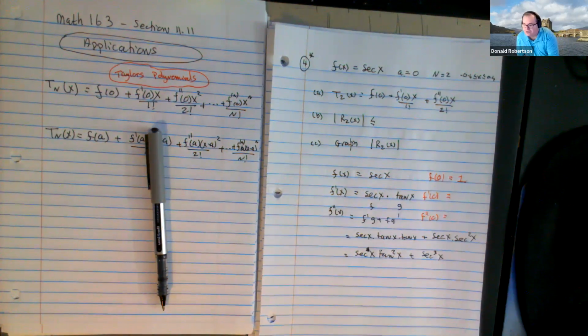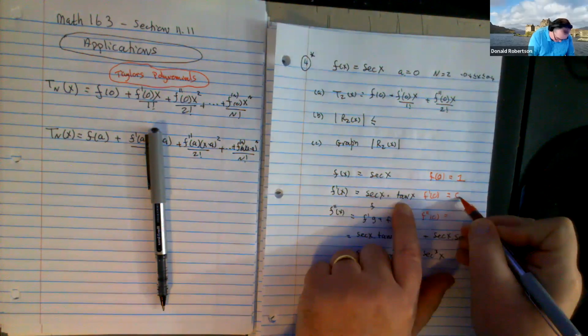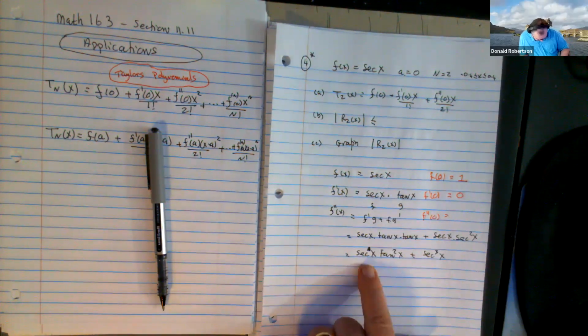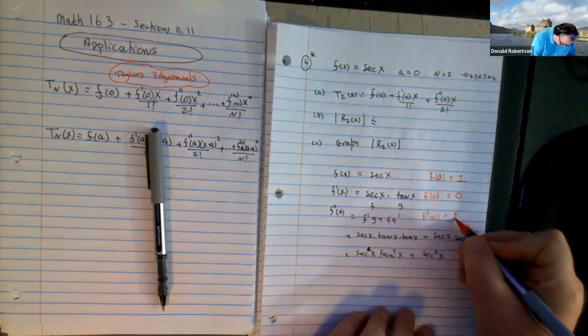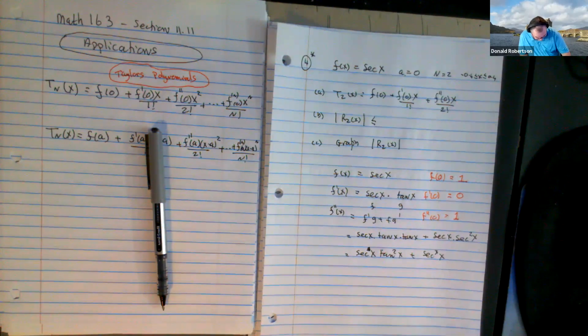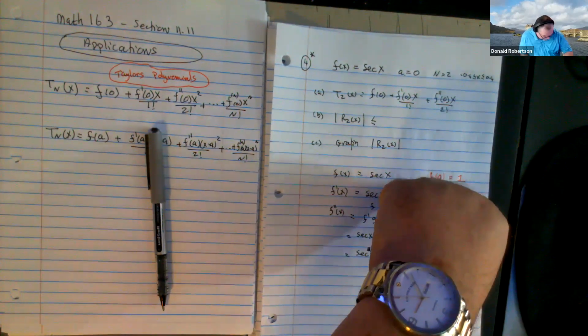What number is the tan of 0? Tan of 0. Just 0. Right. So won't secant times tan get you 0? Now the second derivative is 1 times nothing. So that's just nothing. Plus 1 cubed, which is 1. So what we have here is this one's 1, this one's 0, this one is 1.